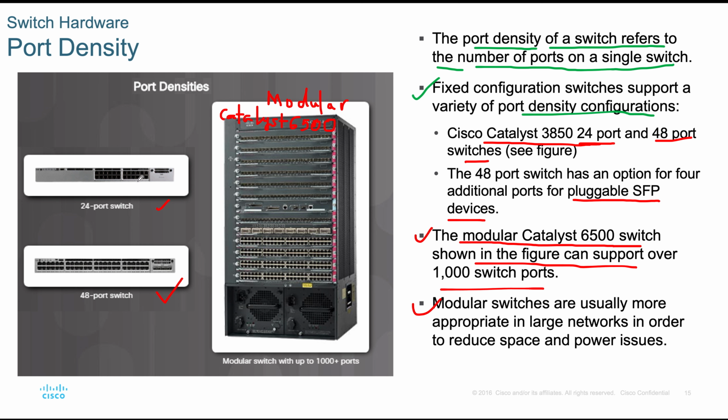How many ports are in a switch? That's what we mean by port density. If you have 24 ports in one switch, the port density is 24. If you have 48 ports in a single switch, the port density is 48. But we have very big modular cases where you have over 1000 ports on a single switch.